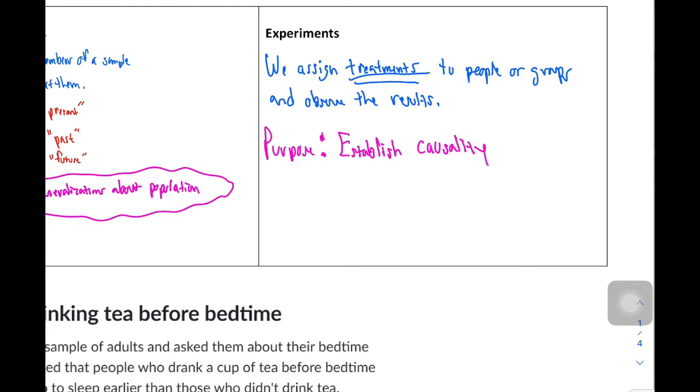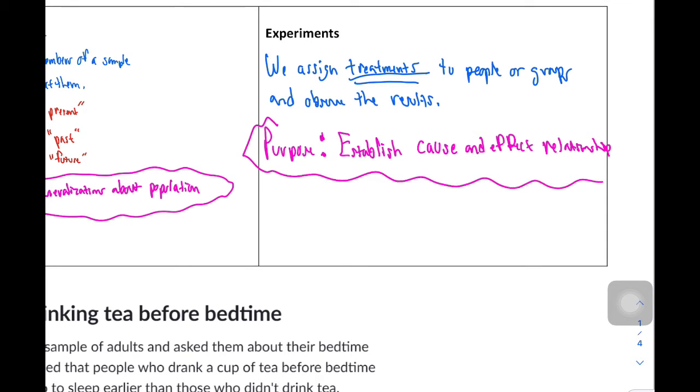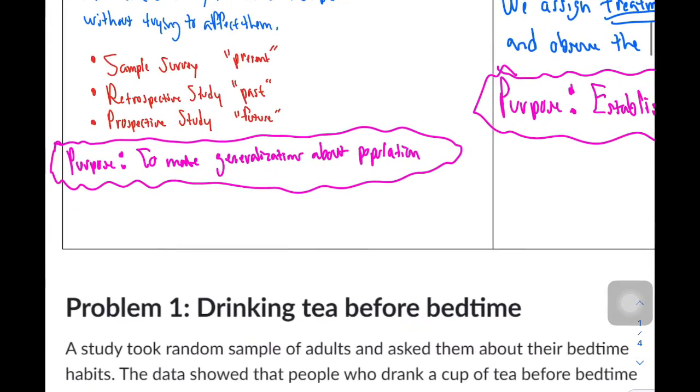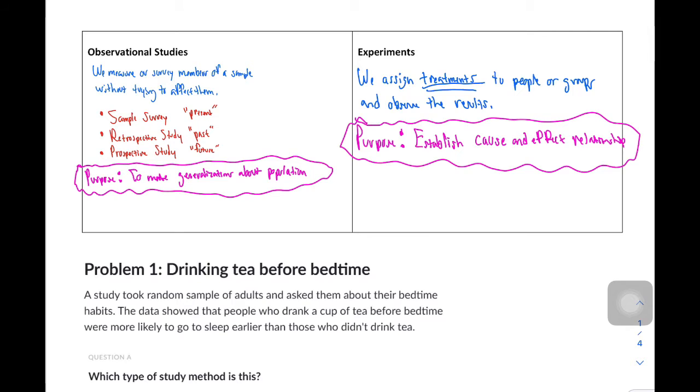We want to establish a cause and effect relationship. So if an experiment is done correctly, we can actually say, hey, this causes that. Or in an observational study, it's just generalizations.